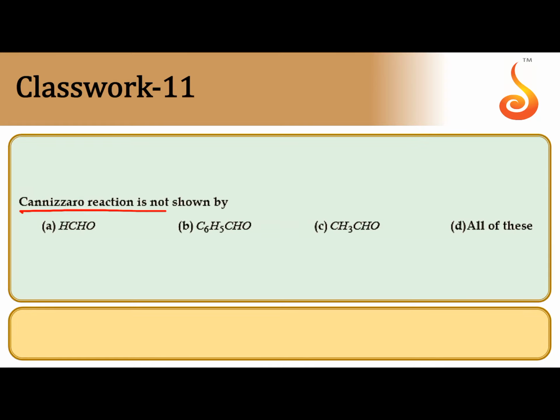Cannizzaro reaction is not shown by. So aldol condensation and Cannizzaro reaction we know. For aldol condensation, at least one alpha hydrogen is needed with respect to the electron withdrawing group. If alpha hydrogen is absent, such type of aldehyde can give the Cannizzaro reaction. Now you have to check which one does not show the Cannizzaro reaction.